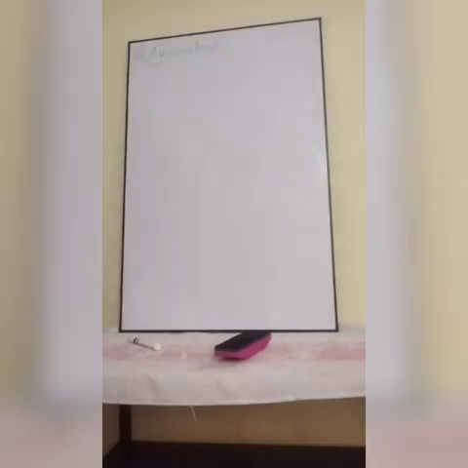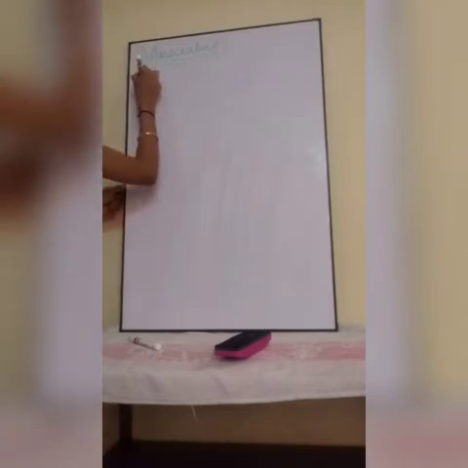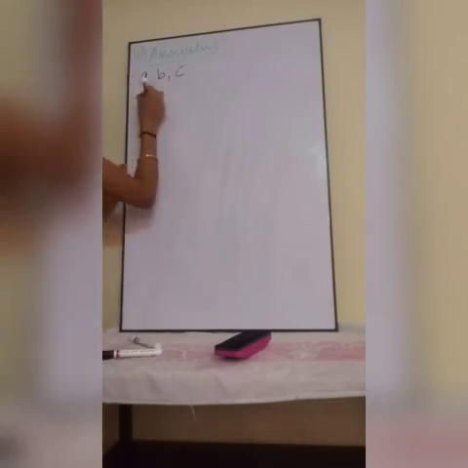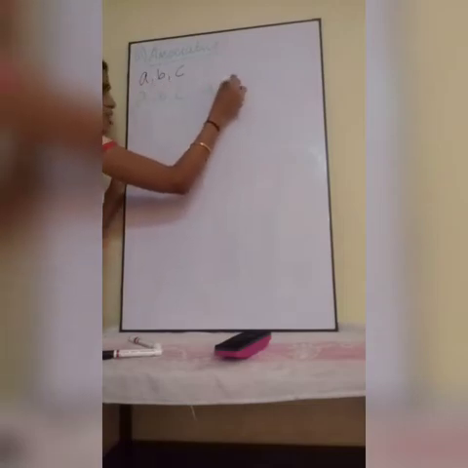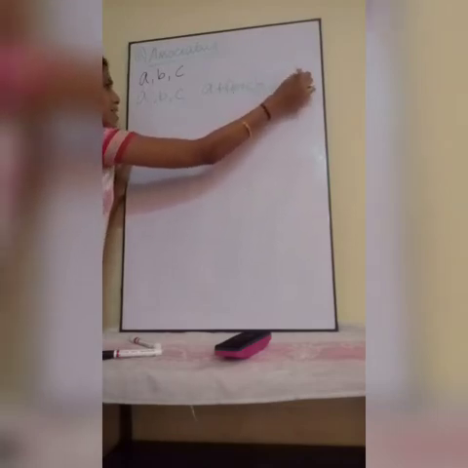Next property is associative under addition, and you are going to check whether it holds for subtraction. Associative I am going to take for 3 integers. Till now for closure and commutative, how many integers have we taken? 2. But in associative we are going to take 3. So associative is a, b, c. I will get (a plus b) plus c equal to a plus (b plus c).